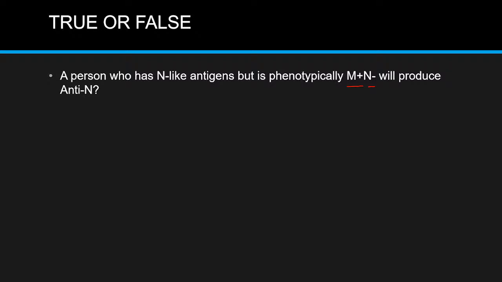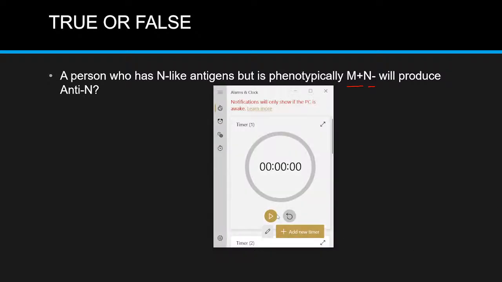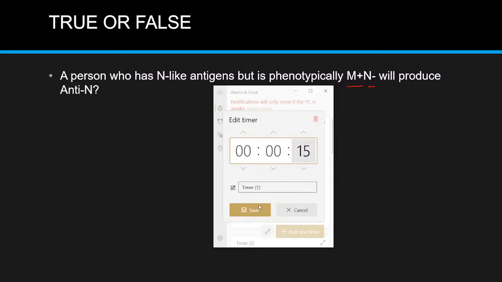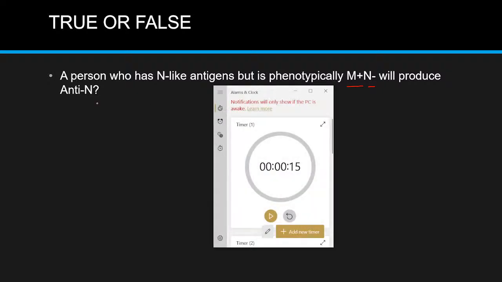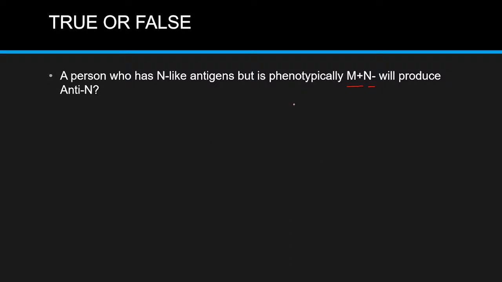Answers? True or false? We'll double check later and I'll give you guys the explanation. 15 seconds on the clock. Is it true or is it false? All right. It's okay to guess. We'll try to answer.